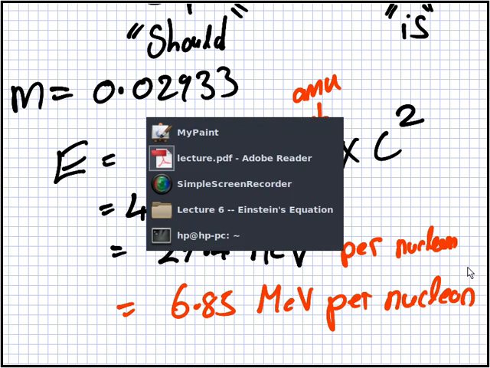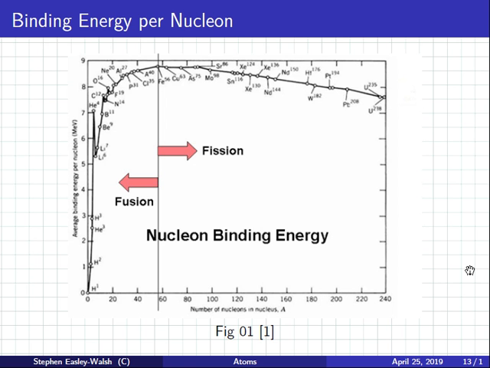Okay, good. Right, now, here is a graph that you need to know for the exam. They sometimes ask you to draw it. Let me explain. On the x-axis here is the number of nucleons. For example, if you have one nucleon, that means you have one proton, which means you have hydrogen.